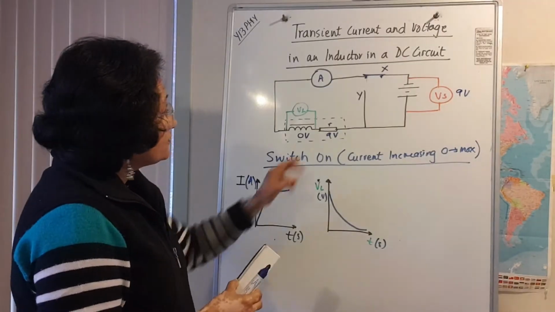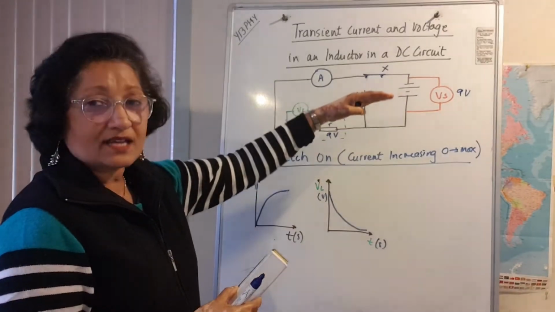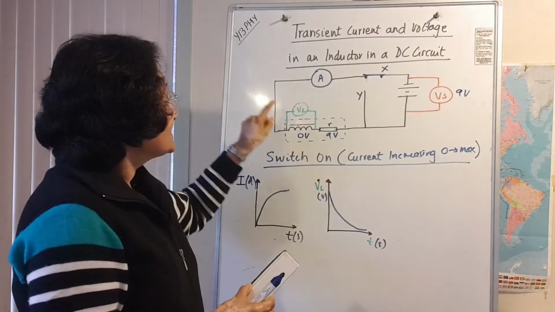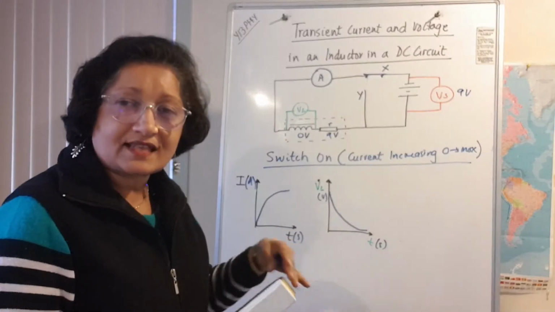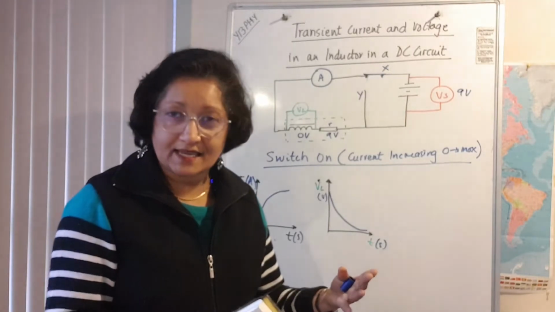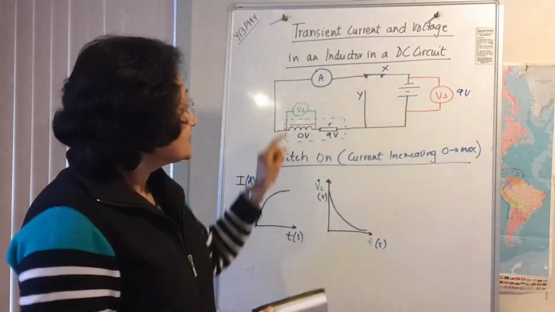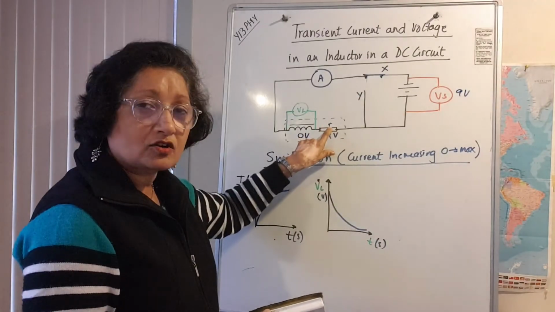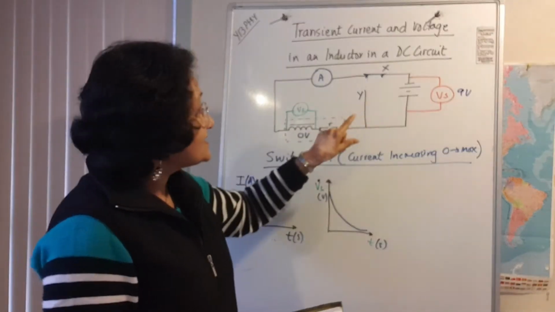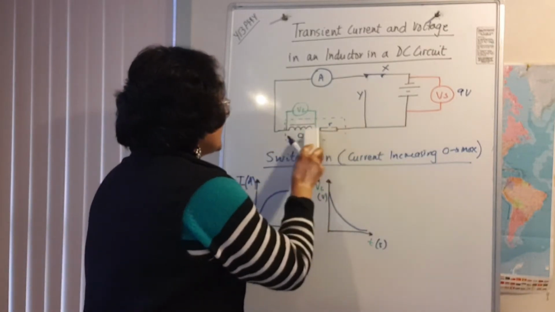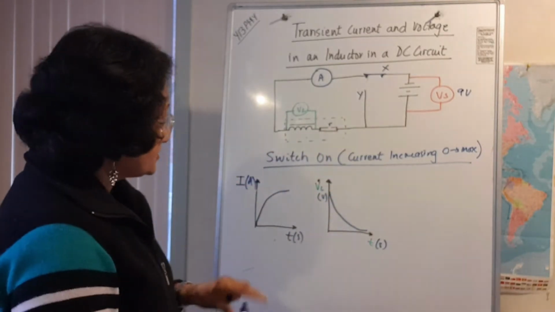The voltage across the resistor keeps increasing with time as the current increases, but the voltage across the inductor decreases as the current gets more and more steady. The current at any instant depends on the voltage across the resistor and the resistance itself.